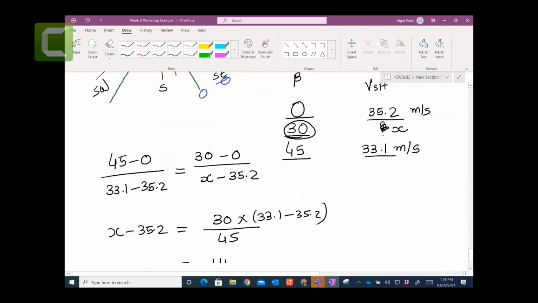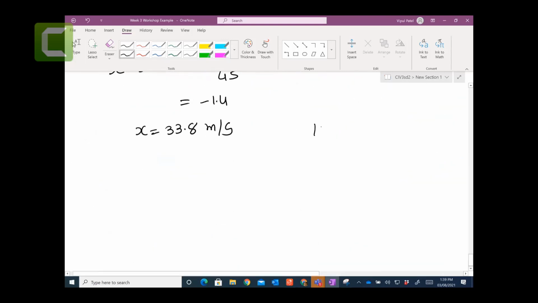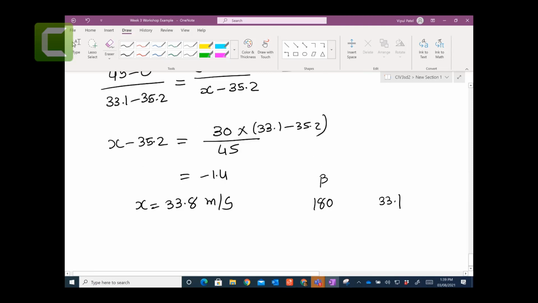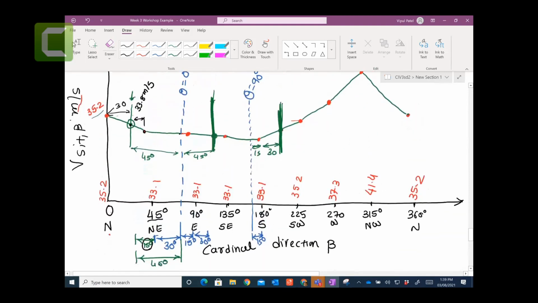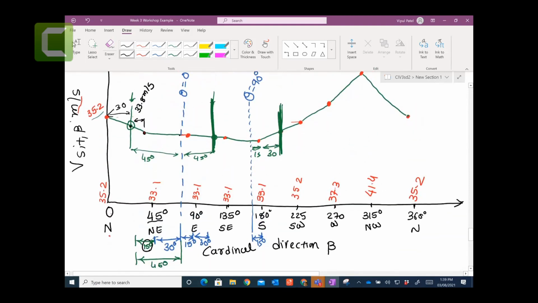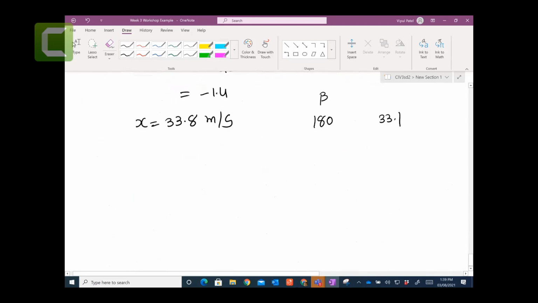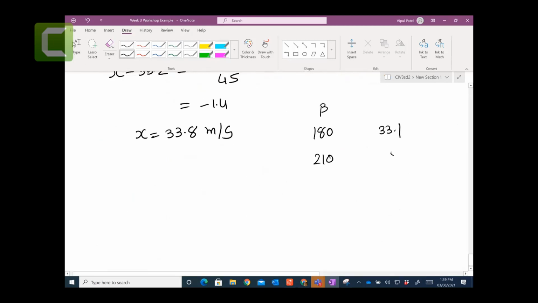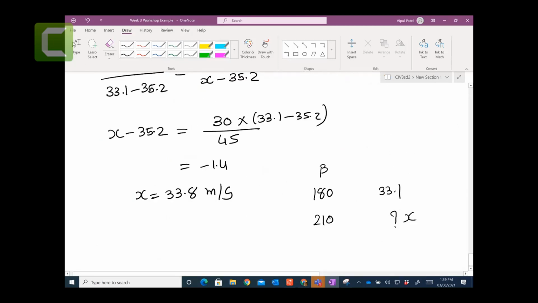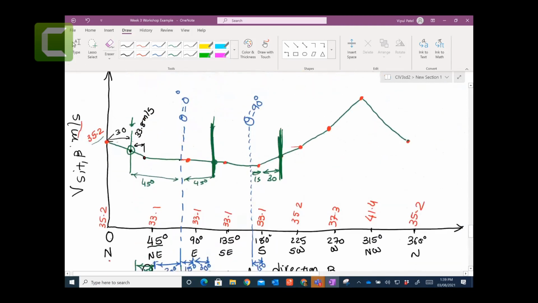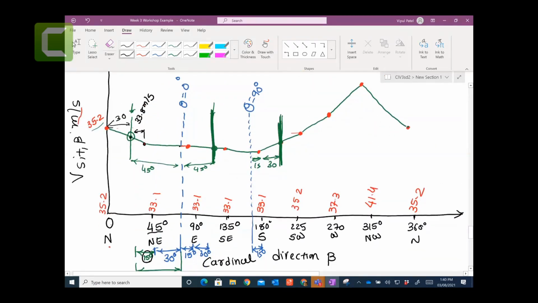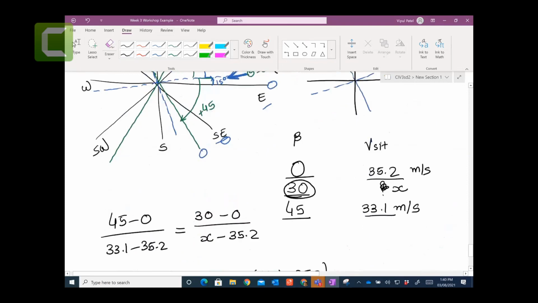So let's do that. 180, 33.1. From this 180 you have 210. So when I have 210, we need to calculate. Let's put x. And then another one, you get 225, you have 35.2.